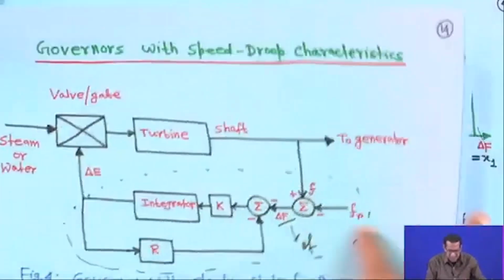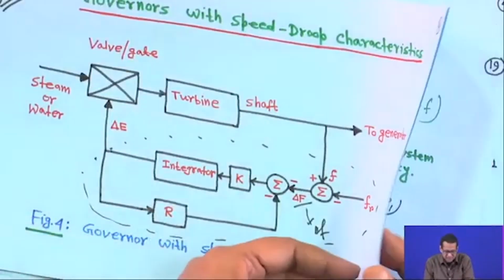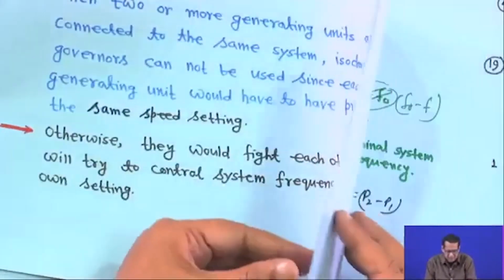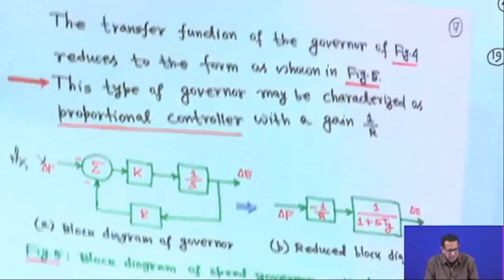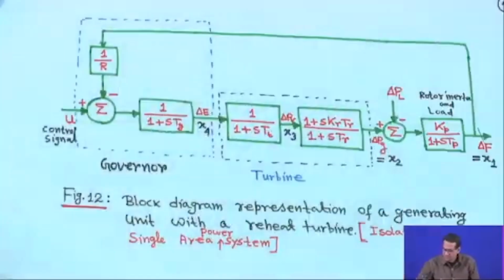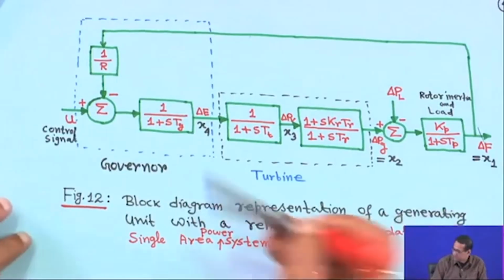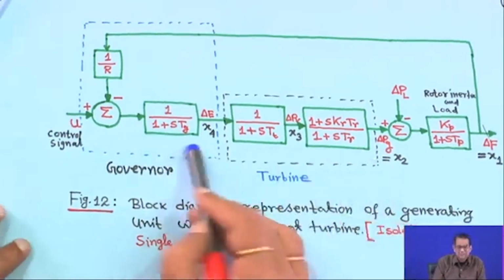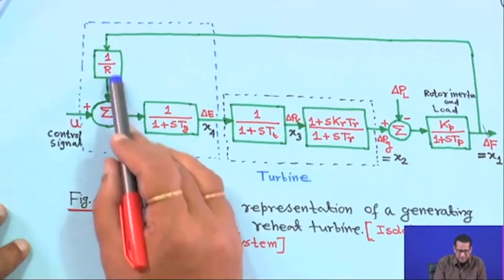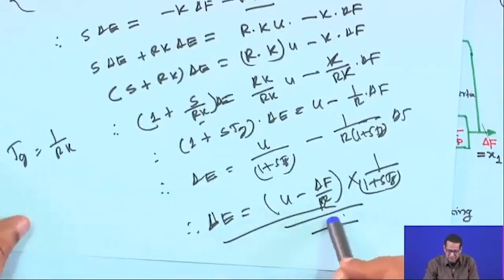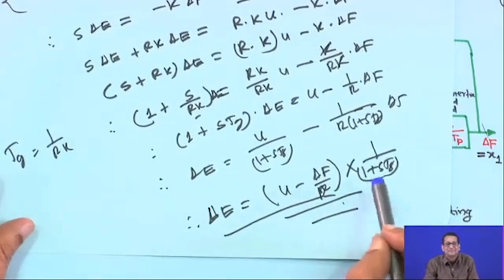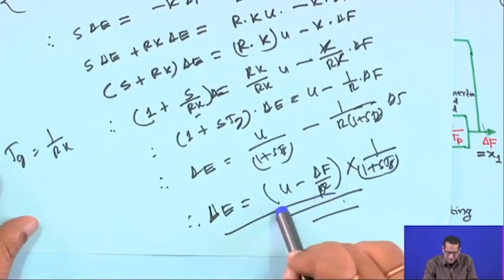Here the speed changer was not shown, but somewhere I made a speed changer also, and this is the final block diagram, somehow it has been missed here. But this we have already derived, u minus delta f, into 1 upon this one, also derived.